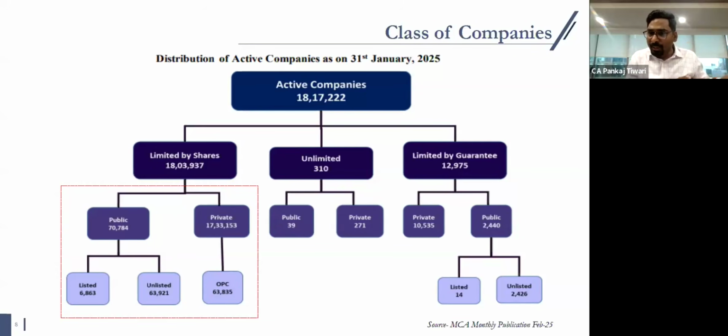Listed companies are around 6,000, which need to comply with all these SEBI regulations, LODR regulations, etc. And unlisted companies you have. So our discussion today will be mainly focusing upon these listed entities whose information is already available in the public domain. Nevertheless, the similar kind of analysis can also be performed on an unlisted company's annual report also.